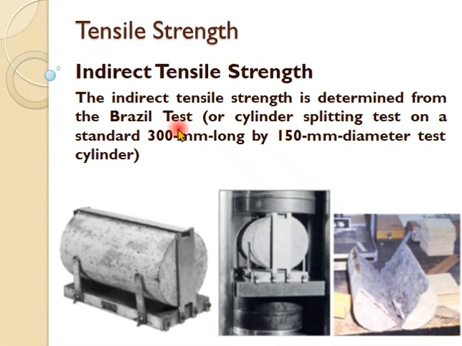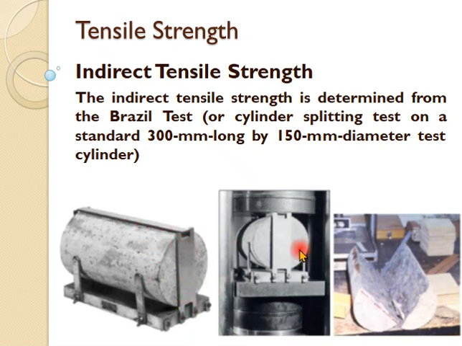And for this purpose, we need to prepare a concrete cylinder 300 millimeters long by 150 millimeters in diameter, and we can put it on the testing machine in this position, and we can use a compression machine, applying the force on the top and the bottom of the specimen.